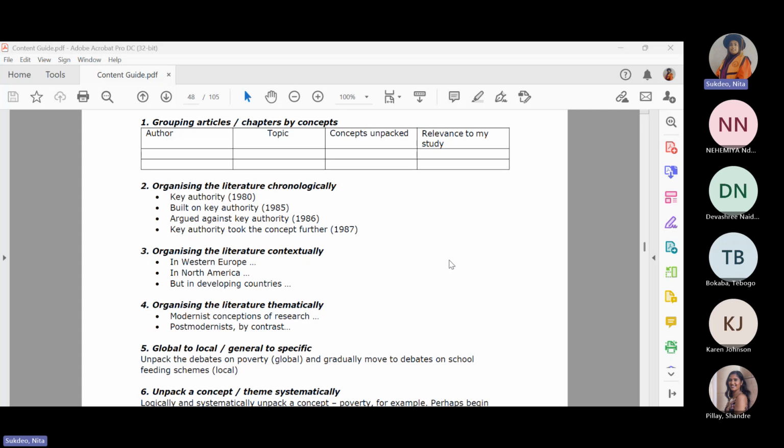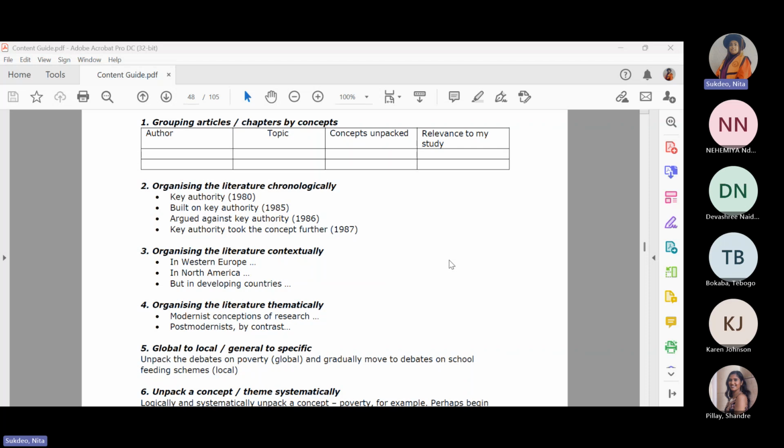Organizing the literature contextually, by writing in certain areas, like Western Europe or developing countries. It's your style of contextualizing it to a specific location or scope or industry and so on. Organizing the literature thematically, like we said, grouping concepts, looking at common trends and patterns that come up.